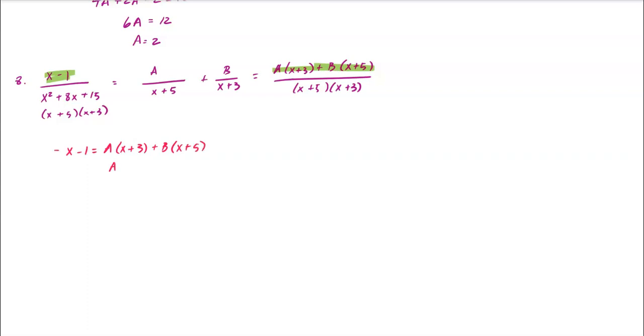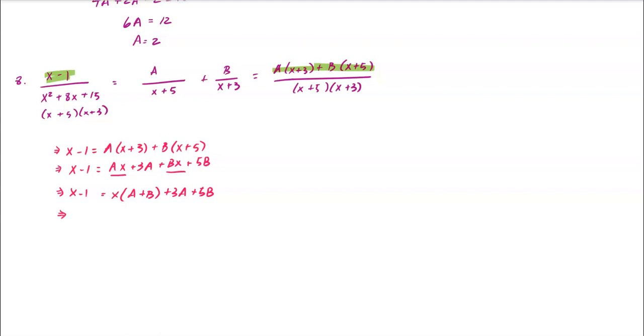This implies ax plus 3a plus bx plus 5b equals x minus 1. This implies x, gather the x's together and factor it out, times a plus b, plus 3a plus 5b, equals x minus 1.